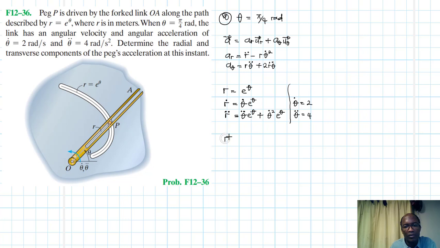So therefore, start with the radial component, which is a_r, at pi over 4.